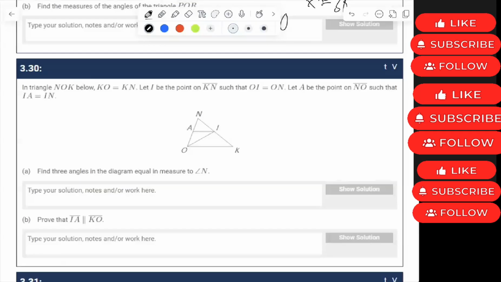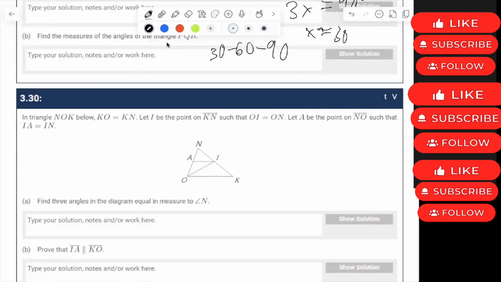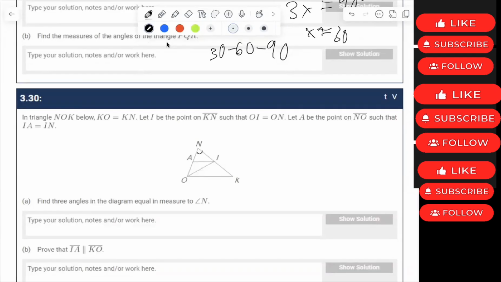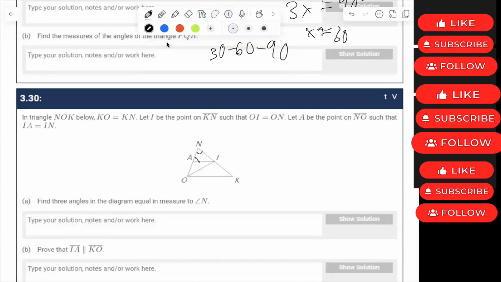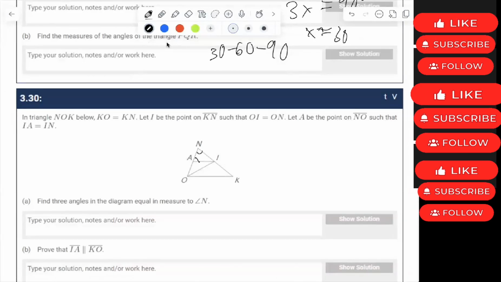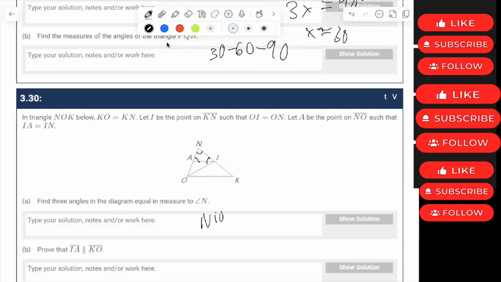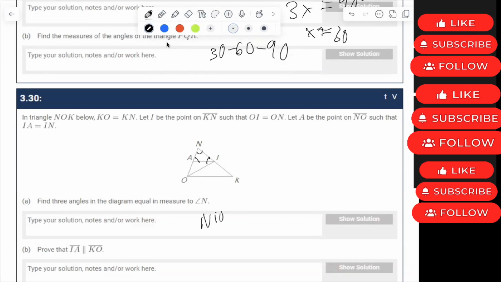Well, let's get started with this question. So find the three angles equal in measure to N. Well, it's going to be equal to N, and we also know OI is equal to ON. So it means that NIO is also equal to N. And we have IA is equal to IN.